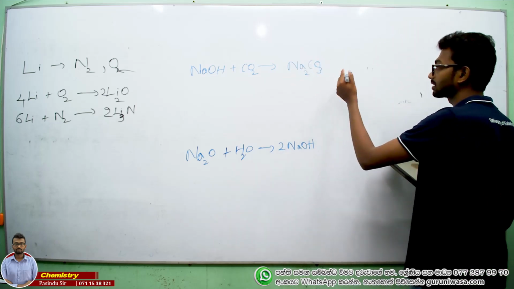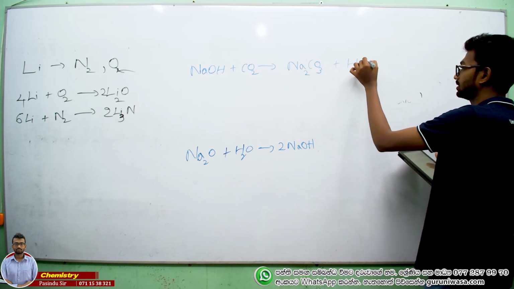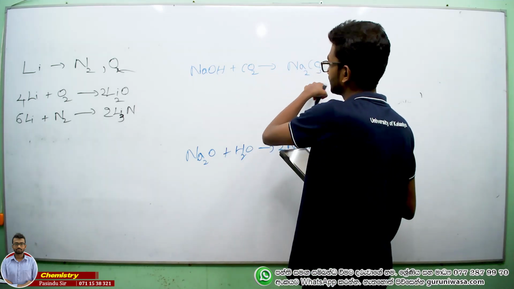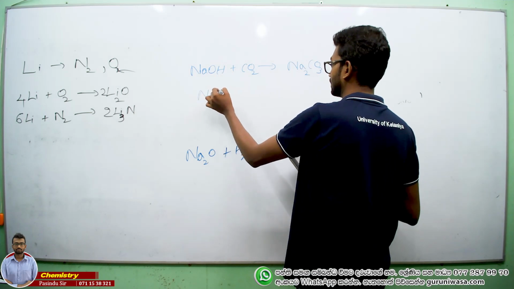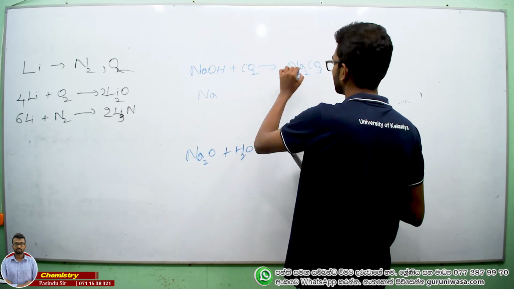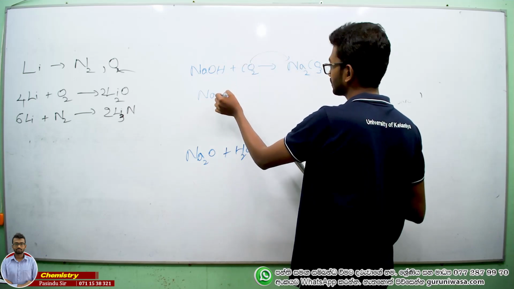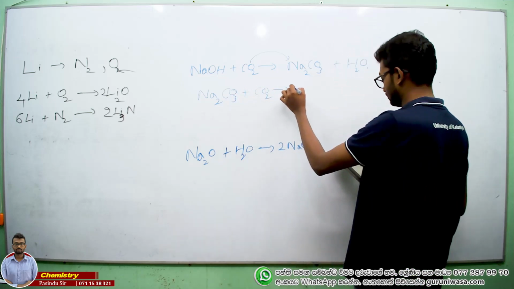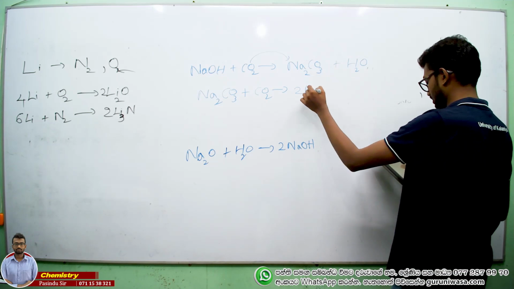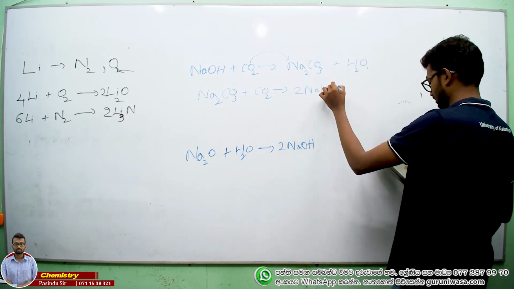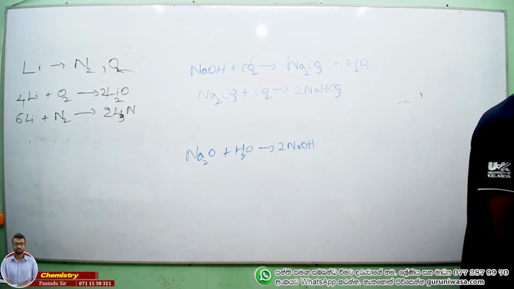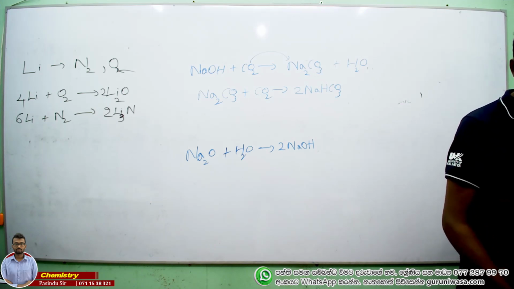Then releases H2O, and if we send more carbon dioxide into the solution, it will start to react with sodium carbonate. Na2CO3 plus CO2 forms 2NaHCO3, right? Write the equation.